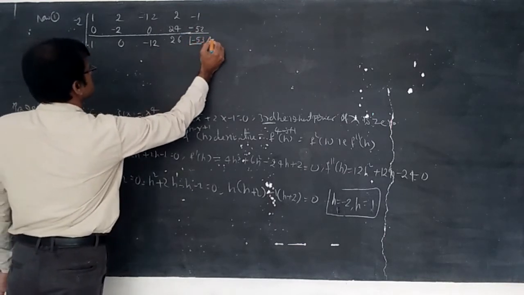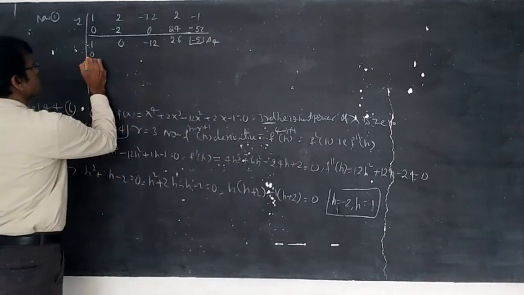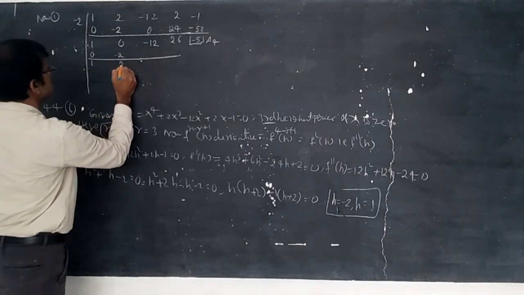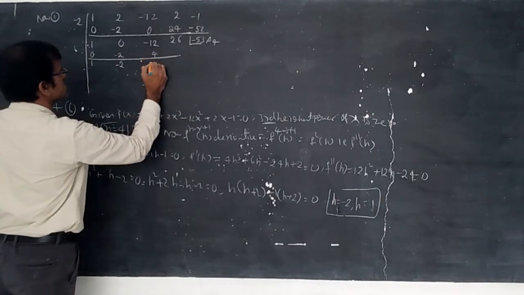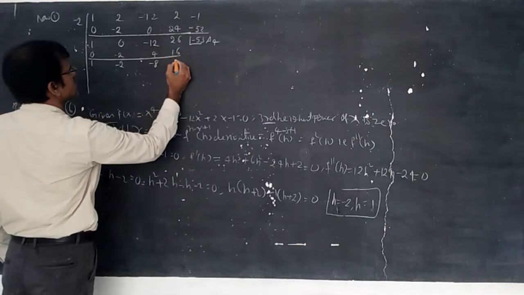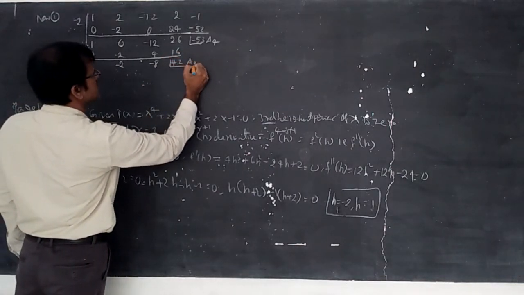Put here this is A4. Like this, the numbers will be reduced. Put 0 here, 1 and 1. This is minus 2. Minus 2 into minus 2 becomes 4. This is minus 8. Minus 8 into minus 2 becomes 16. Here you can write 42. This is A3.